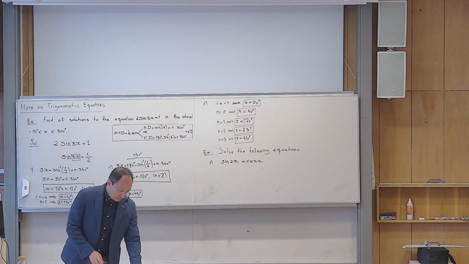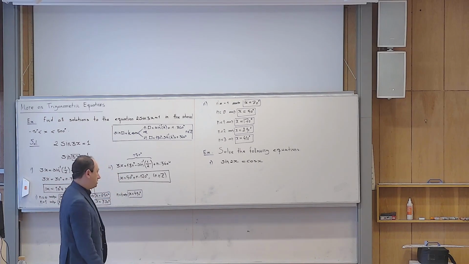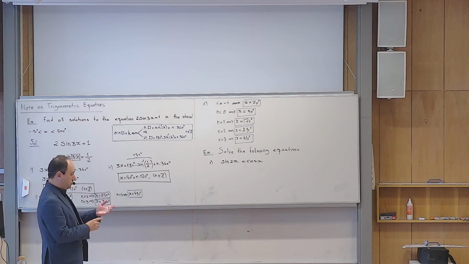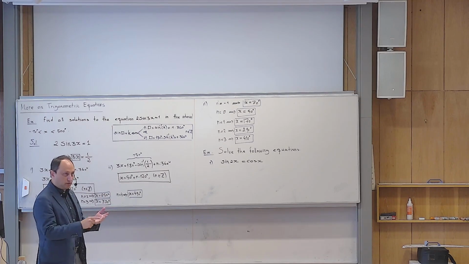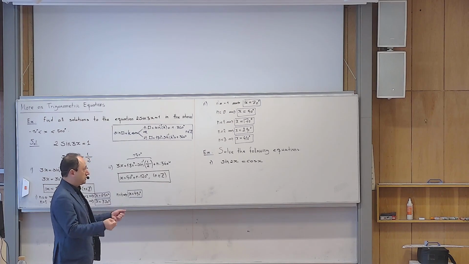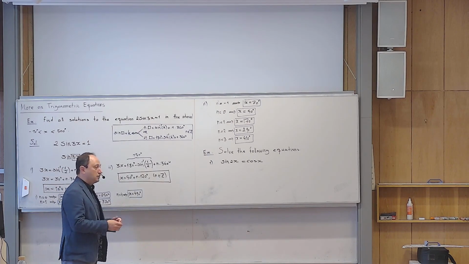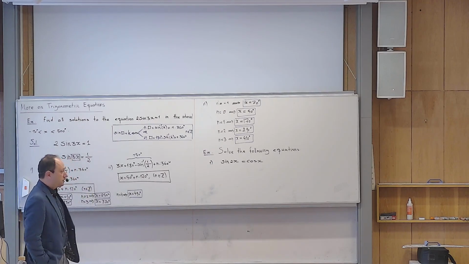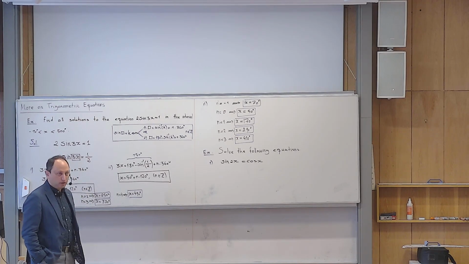So there is no new lesson here. If you want to solve a trigonometric equation, you need to reduce it into one of three standard forms: sine equals a number or equality of two sines, cosine equals a number or equality of two cosines, tangent equals a number or equality of two tangents.